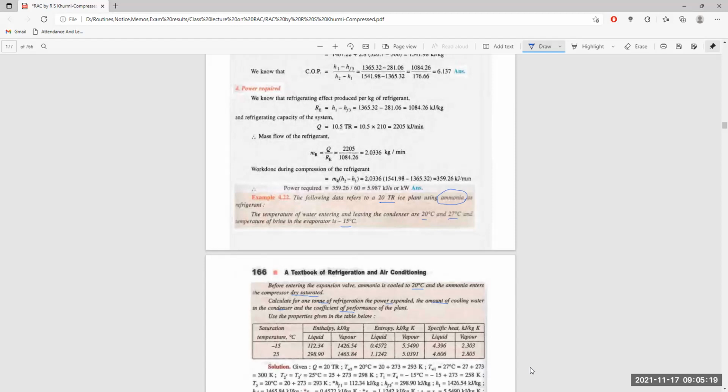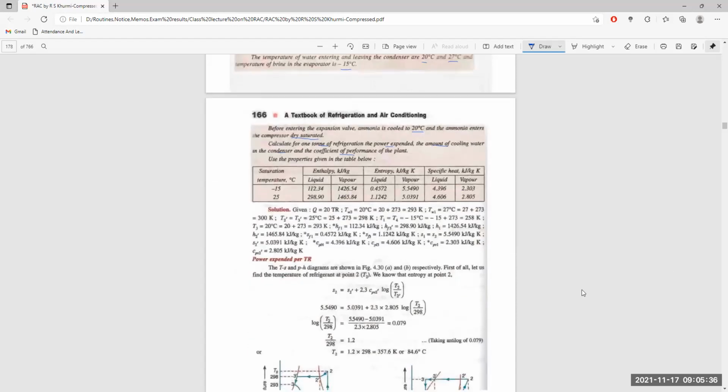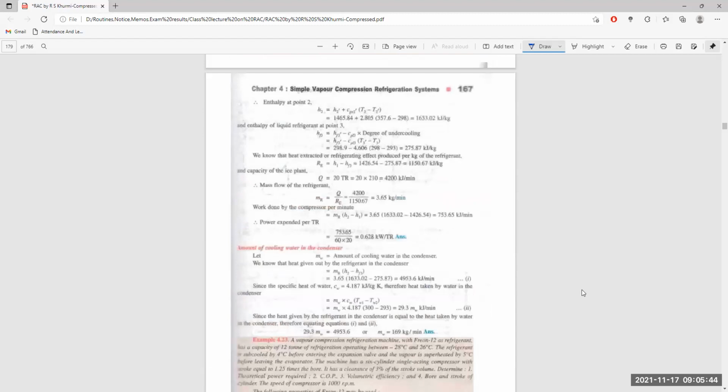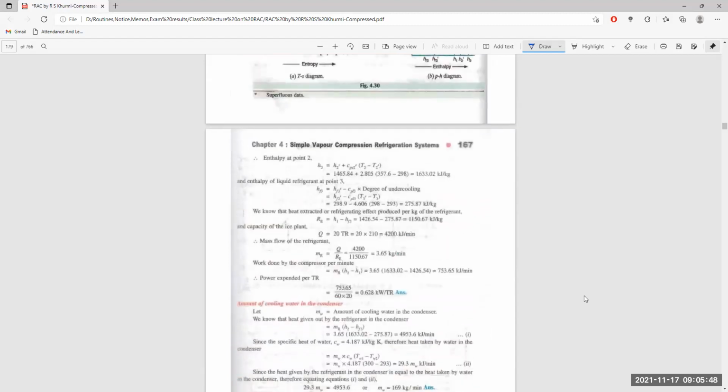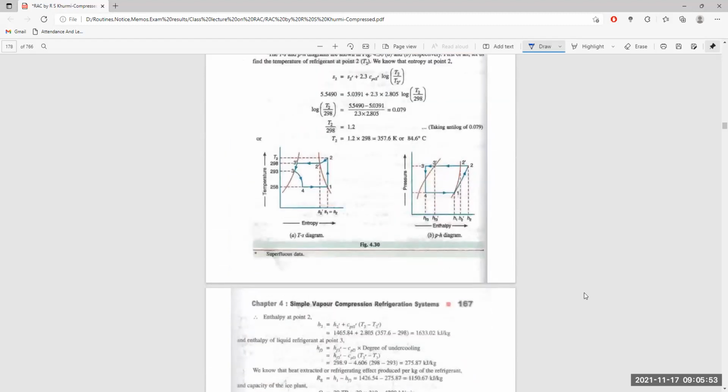It has a capacity of 20 ton ice, means it has the capacity of cooling 20 into 210 kilojoule per minute itself.